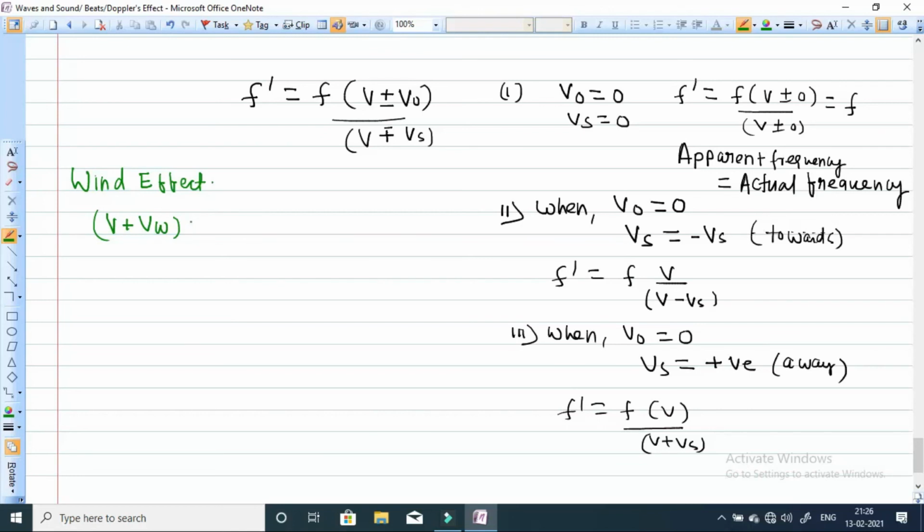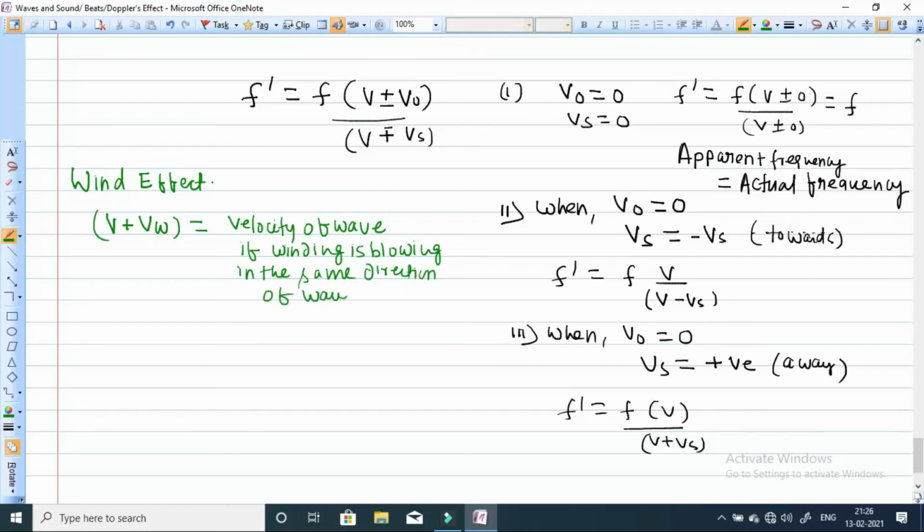Taking into account the wind effect, this will be the new velocity of wave if wind is blowing in the same direction of wave propagation.